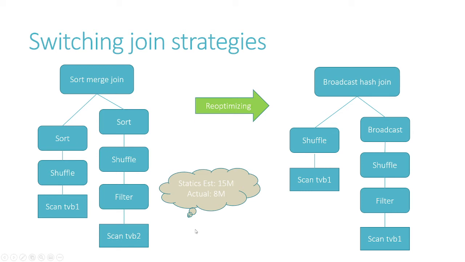But actually, for the right side of the table, the actual size is 8 MB. That is, I mean, we can do a broadcast join, correct? But in previous versions, at runtime, that selection was not done.